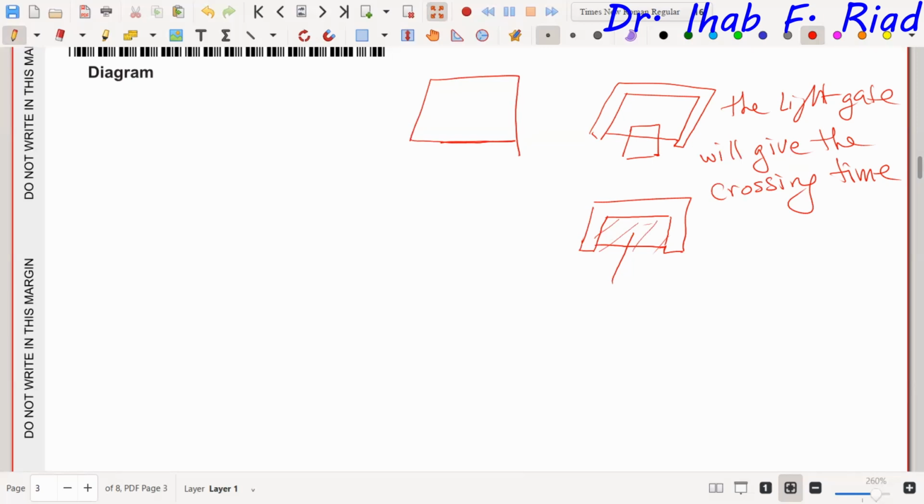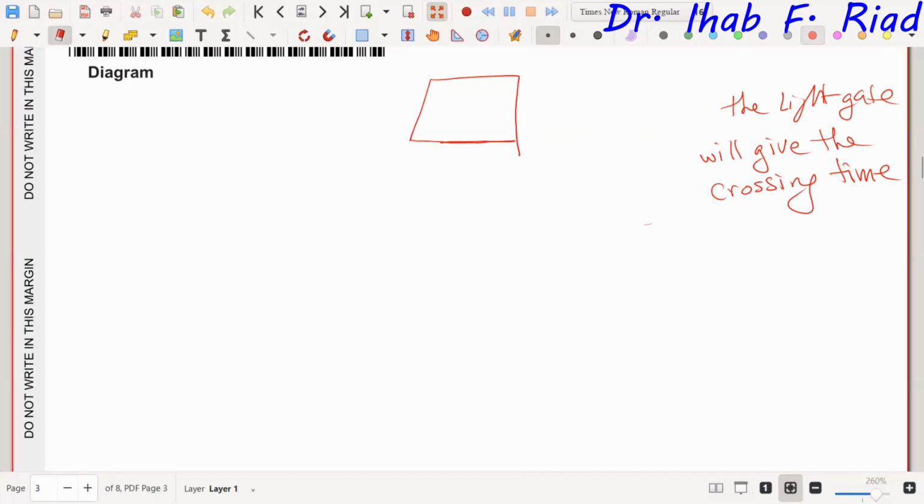Now, this is how we do the timing. So we have this, and we have the trolley, and we have a bar magnet.